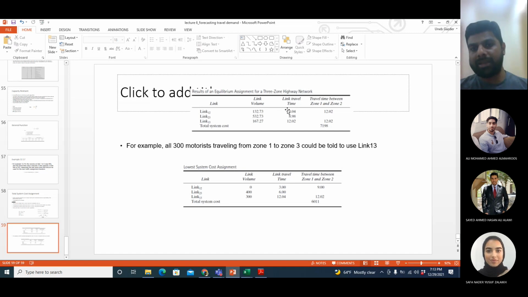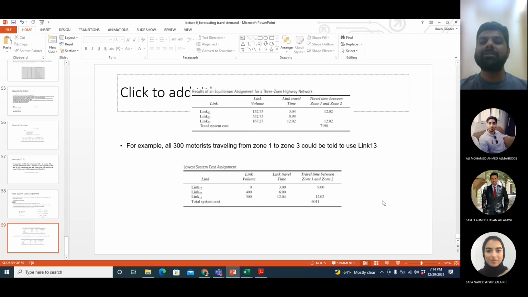So the travel time of this link reduced, and the travel time of this route remained 12 minutes. Okay, so 12 plus 9 is 21 minutes. So you can see the total travel time of the entire network is reduced. Why? Because the government intervened and said you cannot use this link at all.